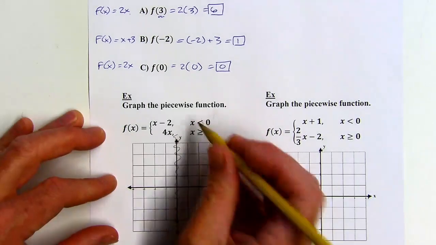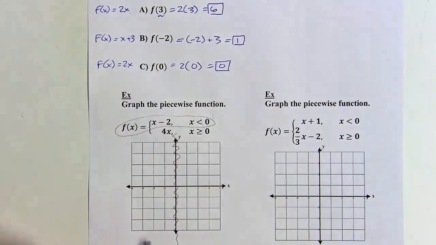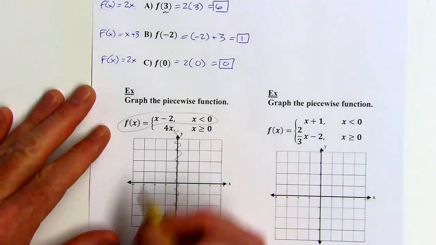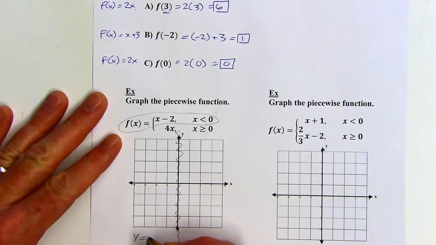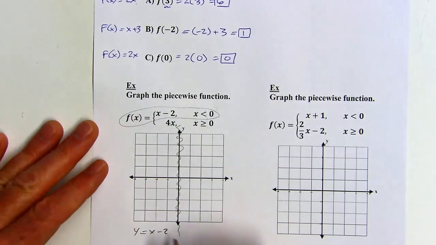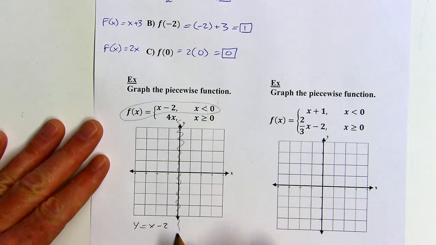When I'm going less than 0, that would be over on the left side of my graph, and I'm going to use f of x equals x minus 2, or you can think of that as y equals x minus 2. That's going to go up to 0, but I'm not going to have 0 as part of the graph.